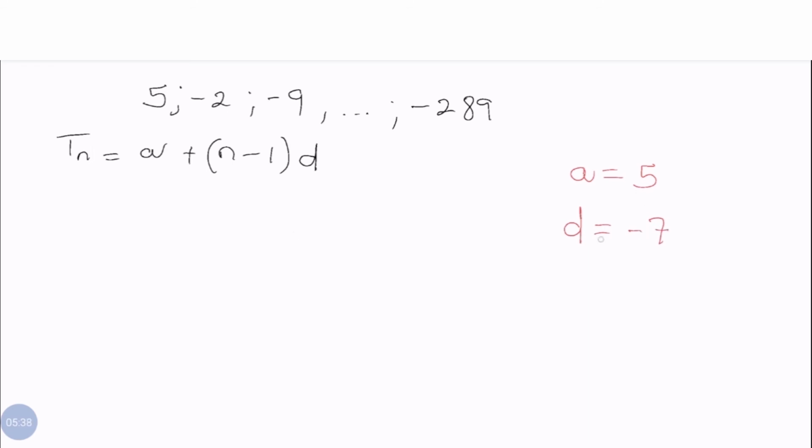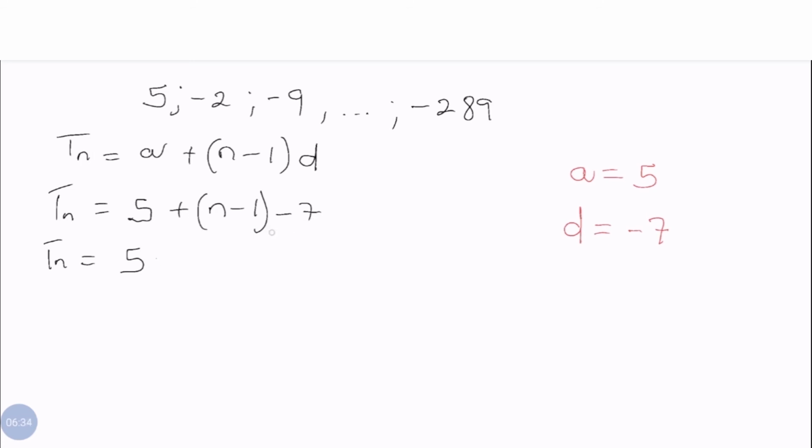So let us substitute to get the equation of the pattern. Tn equals 5 plus bracket n minus 1 times -7.